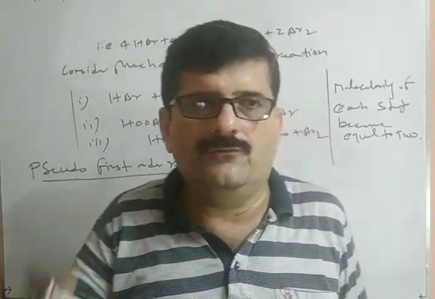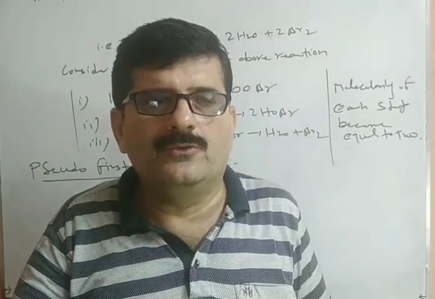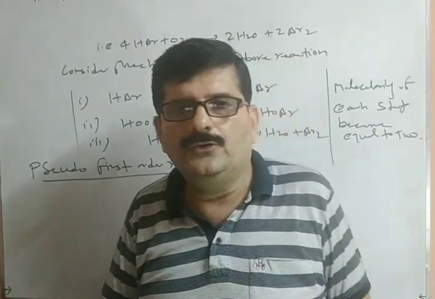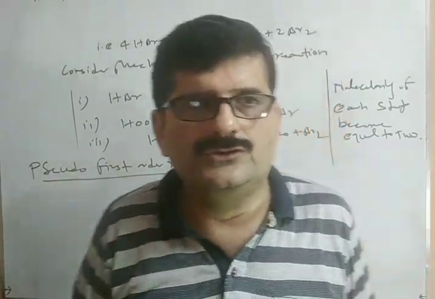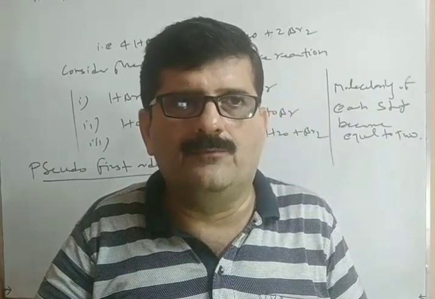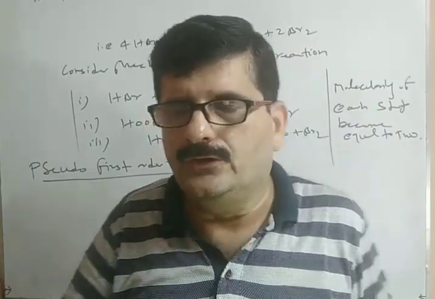Generally the order is 1, then molecularity becomes 2. Such patterns of reactions are called what? Pseudo unimolecular reactions. Generally, hydrolysis reactions are examples of pseudo first order.